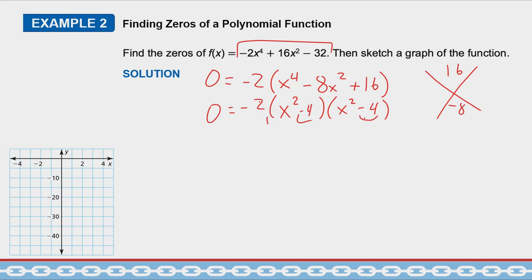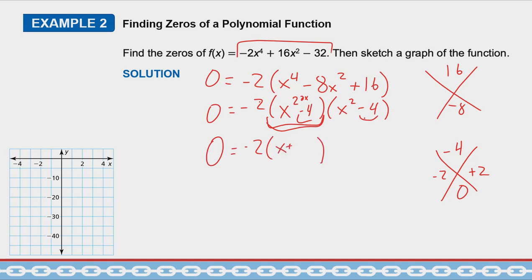Now I need to see, can I factor x squared minus 4? Is there something that multiplies to negative 4 but adds to 0? There's a 0x hiding in this polynomial there. And that would be negative 2 and positive 2. So this is going to be 0 equals negative 2 times x minus 2 times x plus 2.